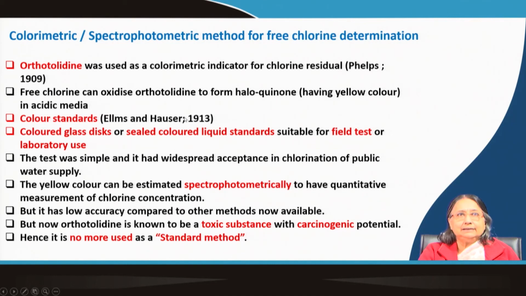Color standards, this is done by this color standard. Why are these important? At that time, spectrophotometers and all those things were not there. So, simple methods were used, because chlorination had started already. So, how to determine how much chlorine you will use, how much residual chlorine is there. So, some standards you can prepare, for example, with known concentration of chlorine you add the reagents and some color is developed, then you seal it, then this is the standard.